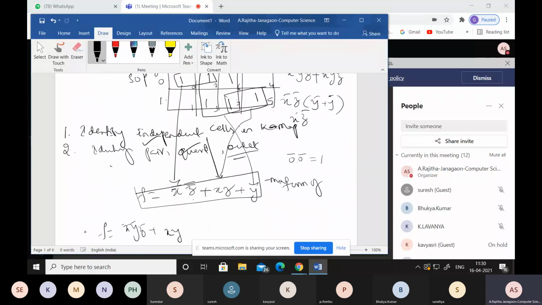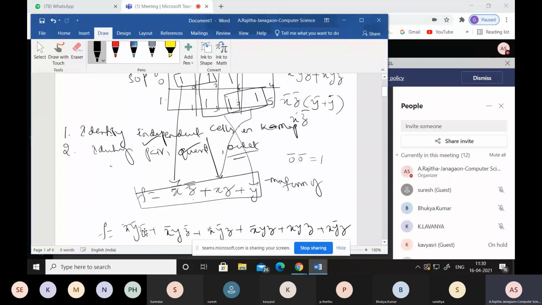Next, what are we writing? x complement y, z complement. Next, x complement, y complement, z plus x complement y, z plus x y z plus x y complement z.